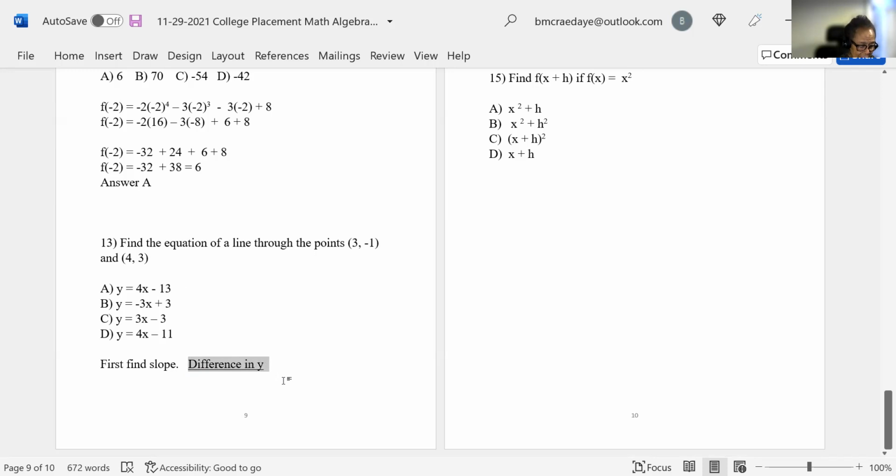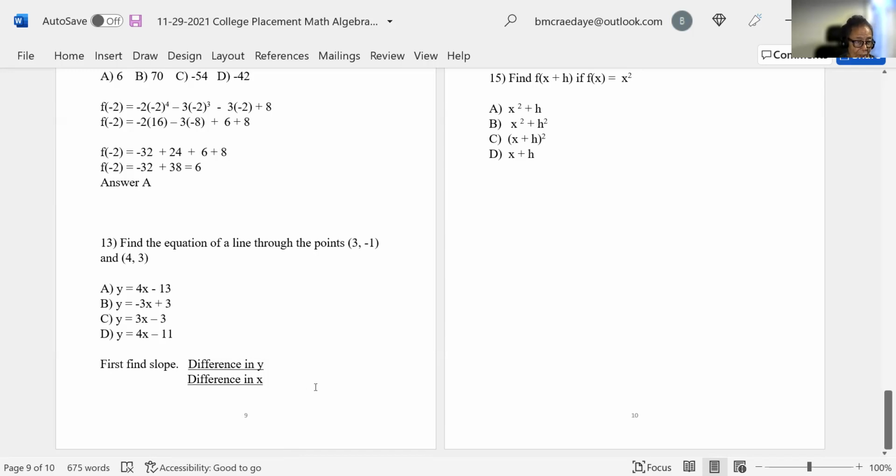So let's put the difference in x below that. That's what you want to do first. Difference in y divided by the difference in x.